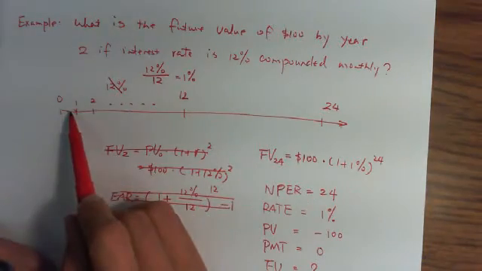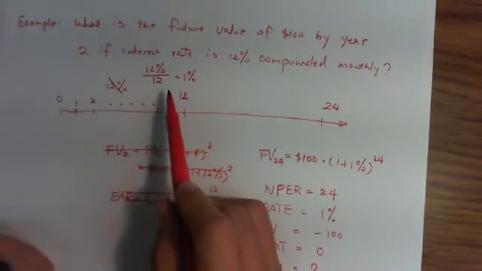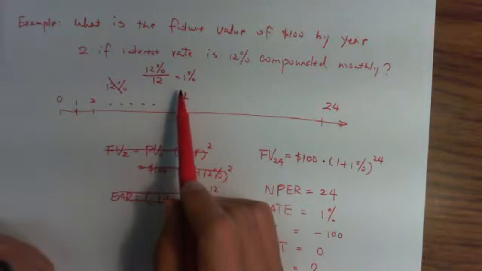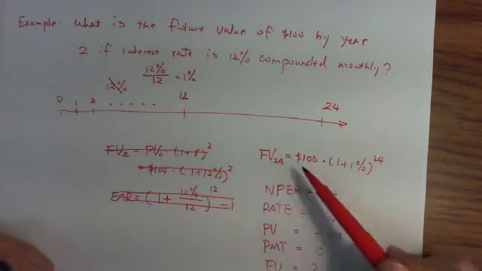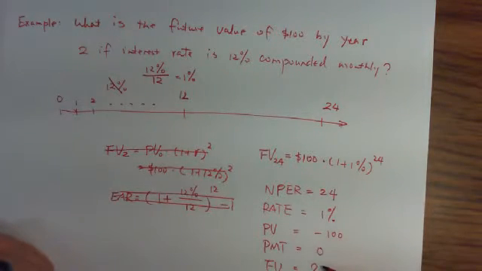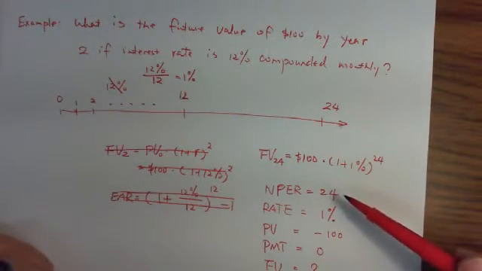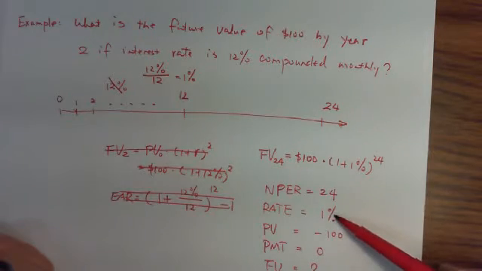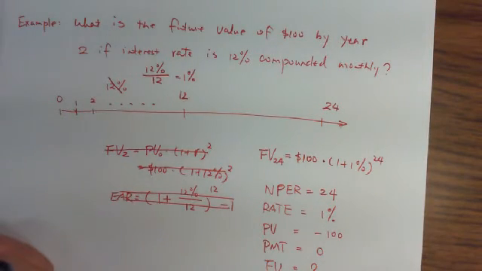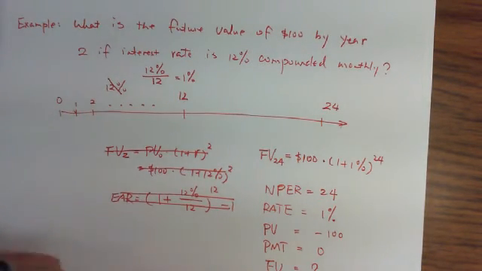Interest rate used is the stated interest rate per compounding period. And then we use the future value formula or Excel, but we use the per period rate and number of compounding periods as the inputs here to compute the future value. So this is the recommended method.